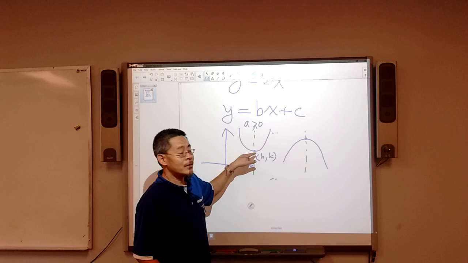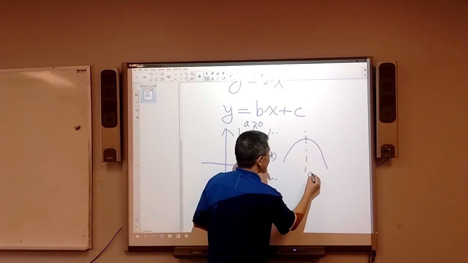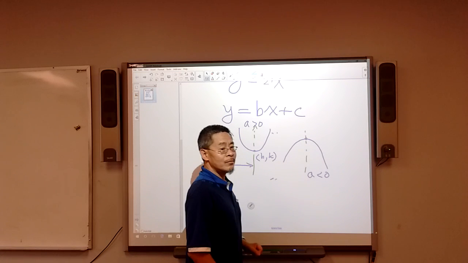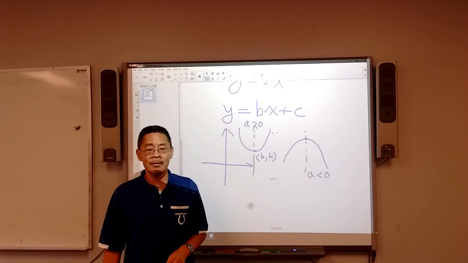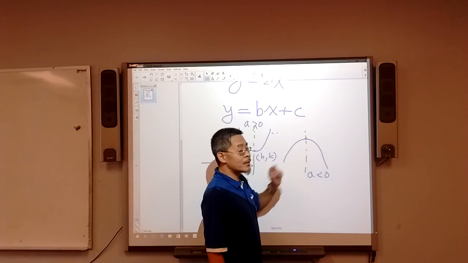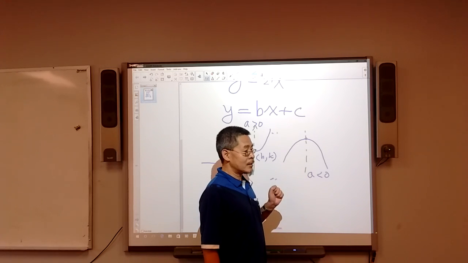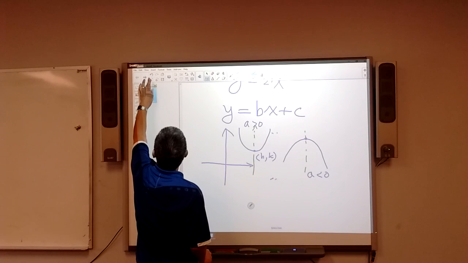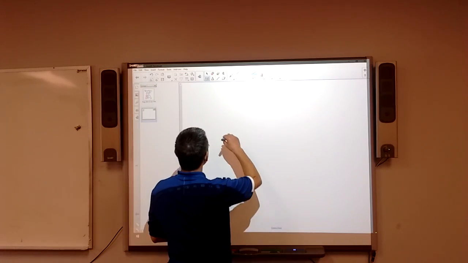In this case, a less than 0, do we get maximum or minimum? We get a maximum here, okay?